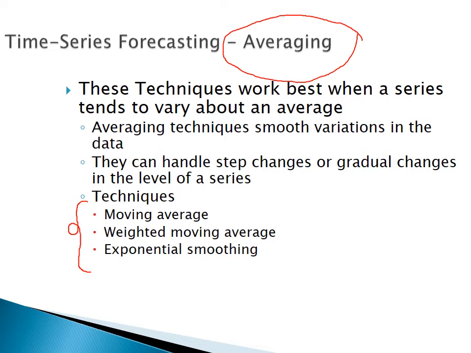So you should know all these 3 techniques for your exam: moving average, weighted moving average, and exponential smoothing. You should understand there is some error in all these methods, but they try to minimize the error as much as possible. So let's see what some of these techniques are and what the errors associated with each of these techniques are.